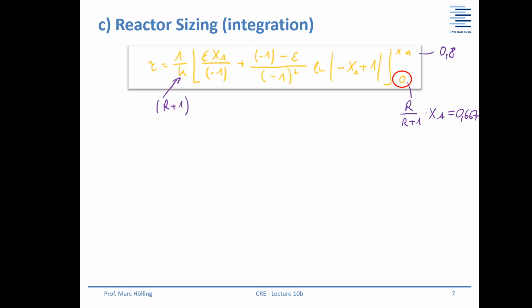Okay, and now we just have to put it in, so we can rewrite it. We can do some more simplifications.